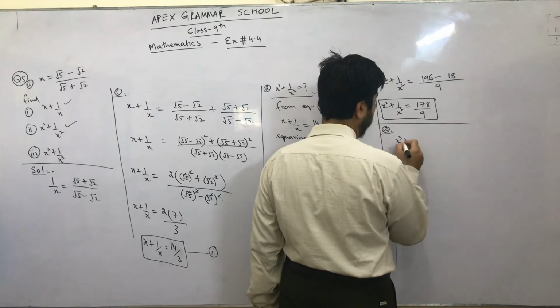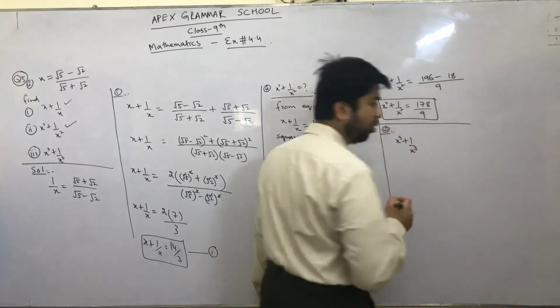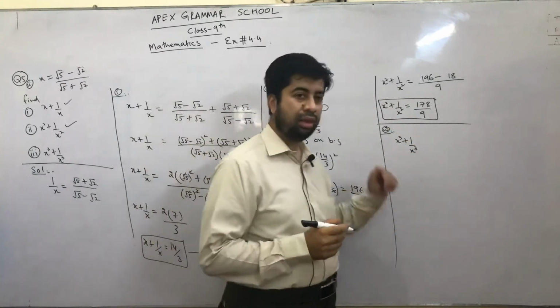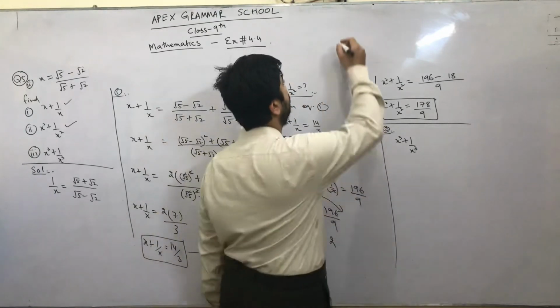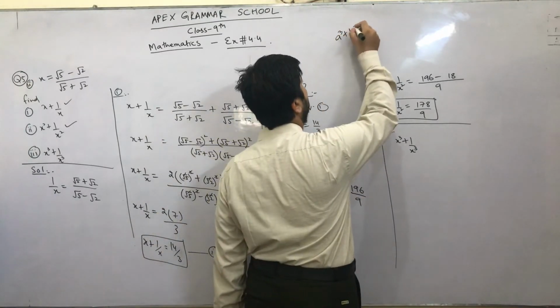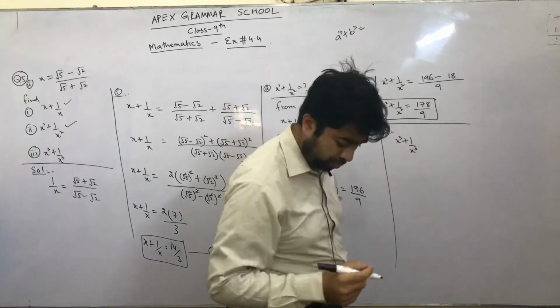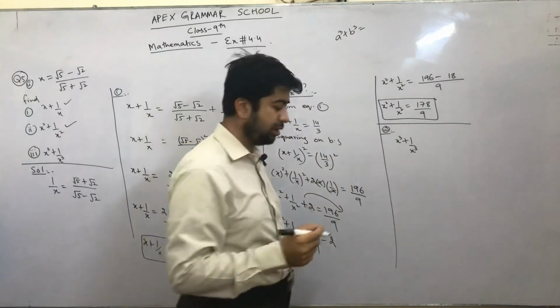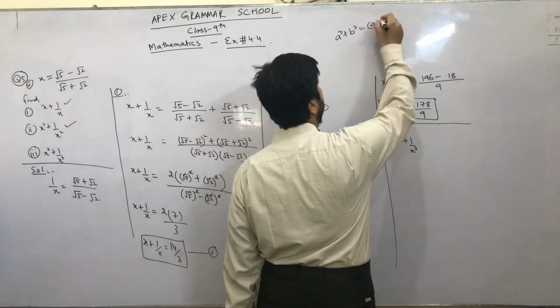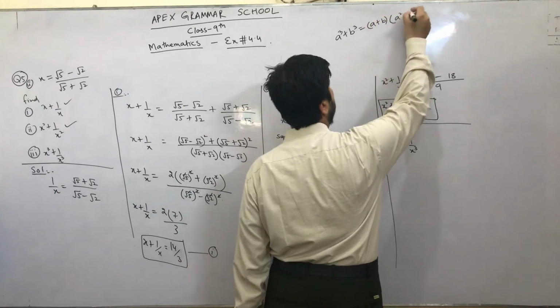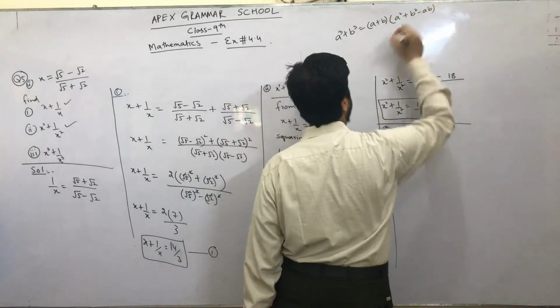What is x cube plus 1 over x cube? Is there any type of formula here? Yes, this is the type of formula, a cube plus b cube. Recall it. What will be this formula, a cube plus b cube? Yes, it is a plus b into a square plus b square minus ab.